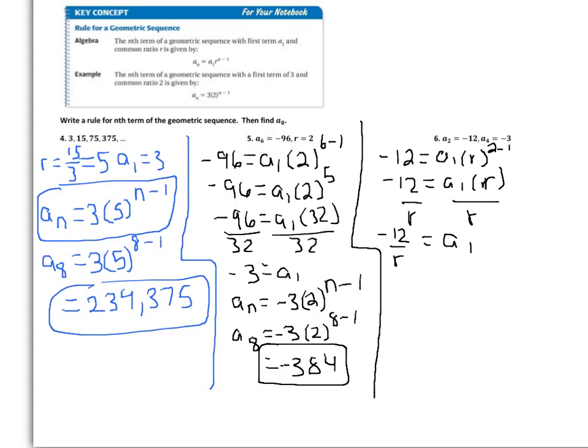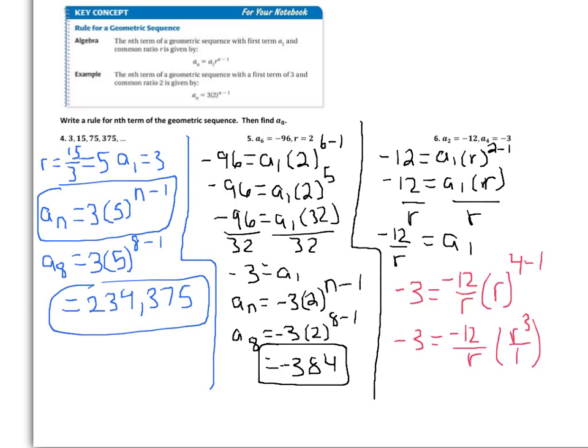Now watch what I do here. Negative 3 equals, what do we know a sub 1 is? Negative 12 divided by r times r to the 4 minus 1. So I have negative 3 equals negative 12 divided by r times r to the 3rd over 1, just to make it a fraction.